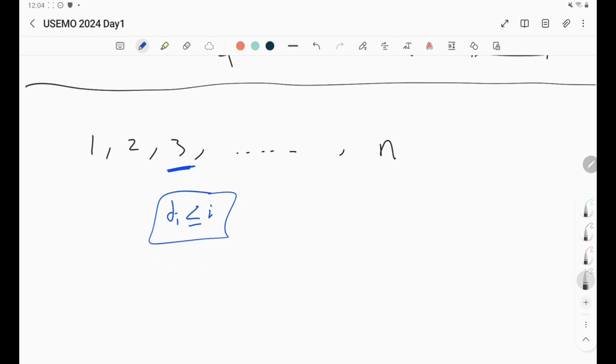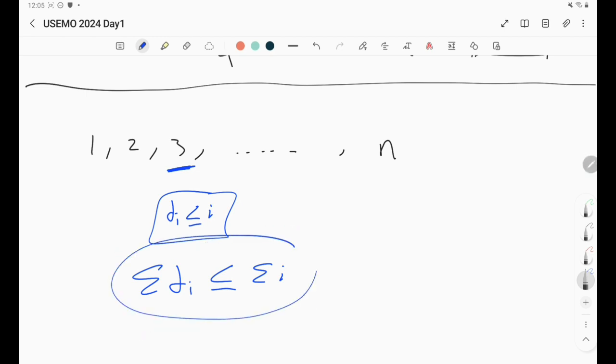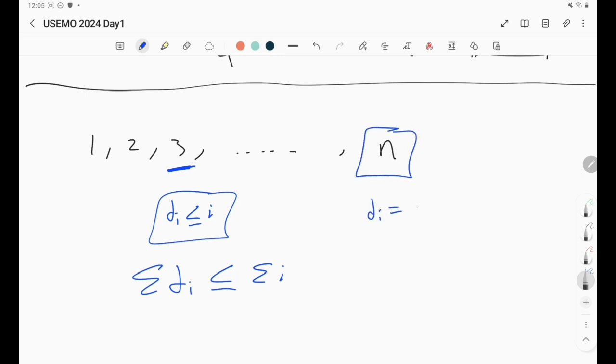So you might think right now we can just put the sum of d_i, and say it's less than the sum of i, and this is our answer. But in fact, this is clearly wrong, because we cannot actually get it. It's too bad an approximation, because if you take a look at n, for example, can we really get this equality, d_n equals n?